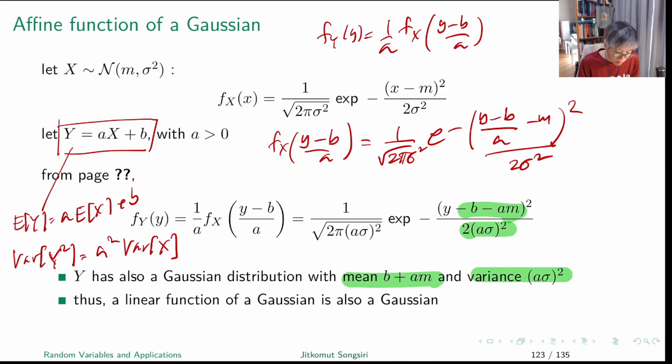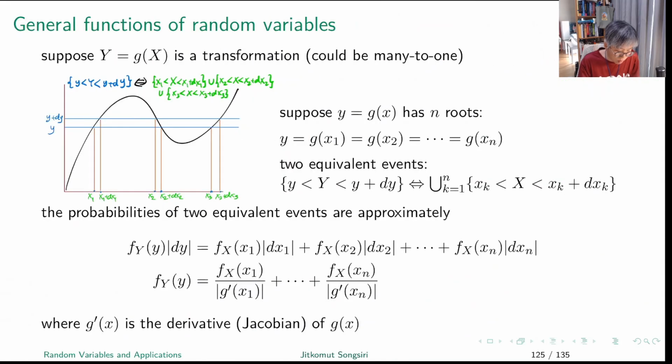After we have seen these 3 examples, I would like to take a look at this problem again conceptually and see whether we can derive a general formula for any transformation g. It turns out that we can, under some assumption.